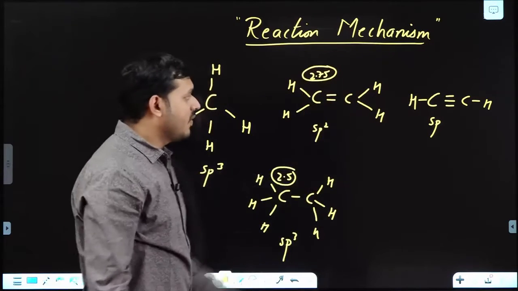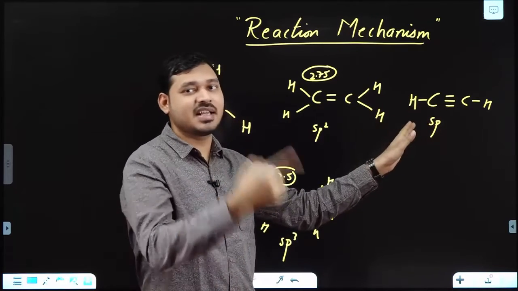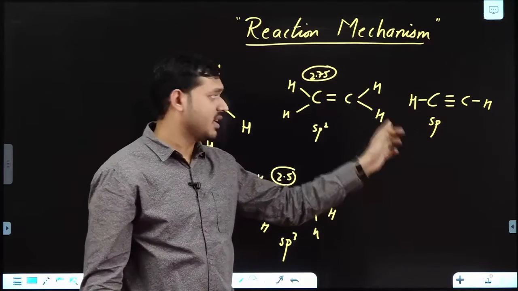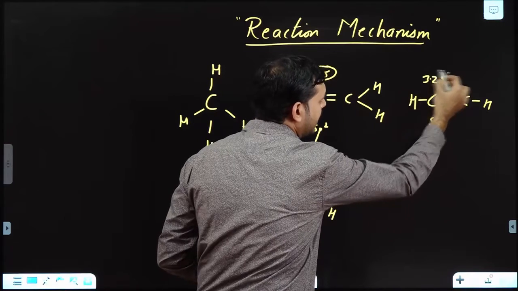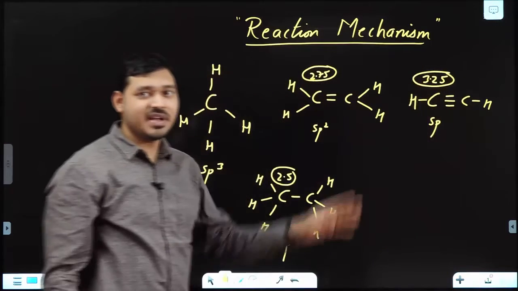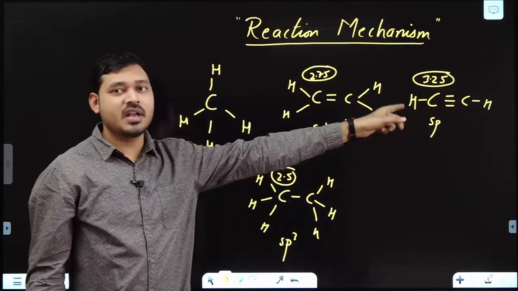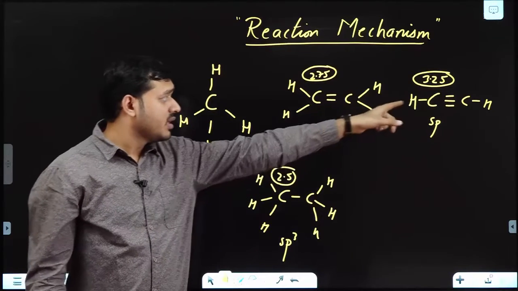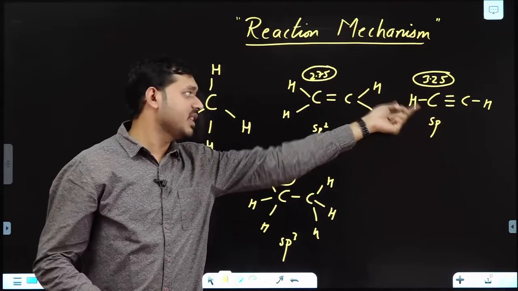But when the carbon is sp hybridized, the percent s character is increased. Here it was 25%, here it is 50%. Then the electronegativity is increased to approximately 3.5, even higher than nitrogen. Hence, such triple bonded carbon atoms are highly reactive. Clear? So polarity in the C-H bond is maximum in this compound.